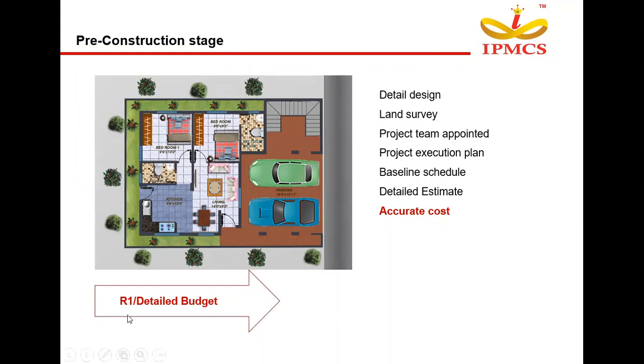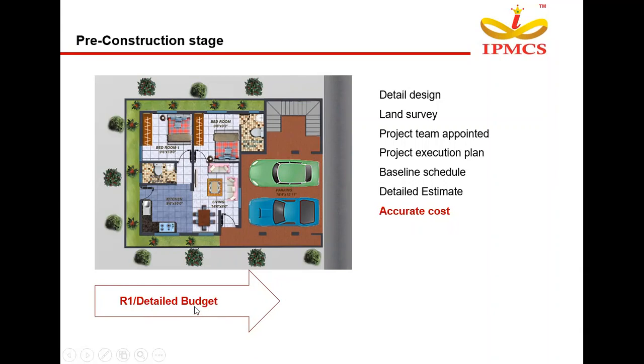In a construction project, this R1 or detailed budget is an important costing, because at any stage of the project we shouldn't exceed the R1 or detailed budget of the project. Say for our project we have arrived at 2,500 rupees per square feet, just for example.